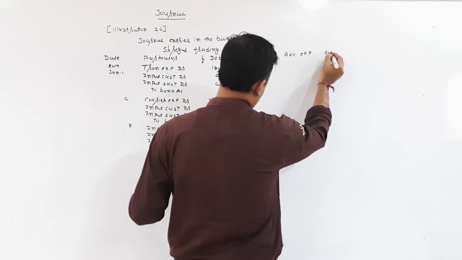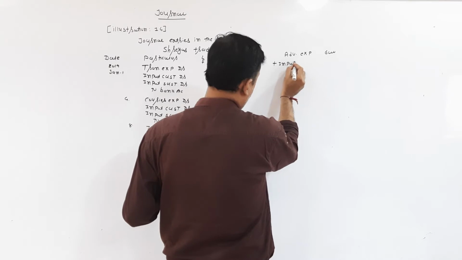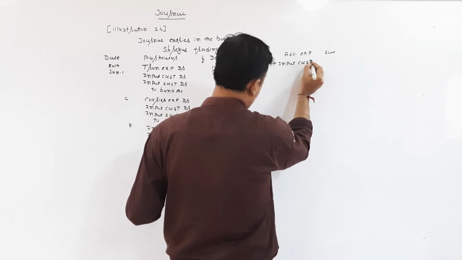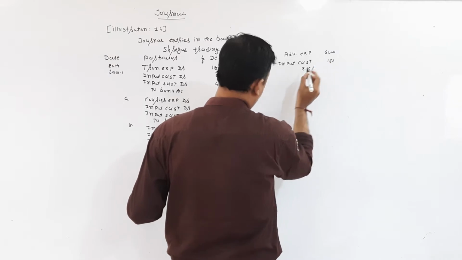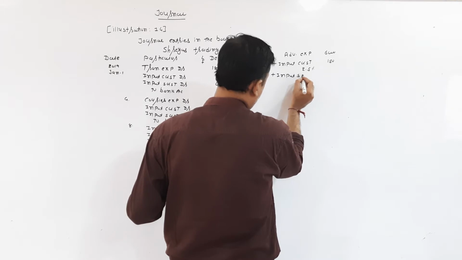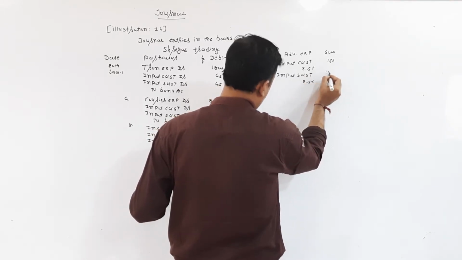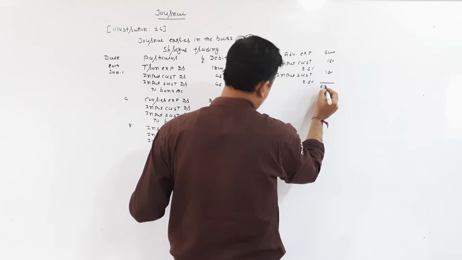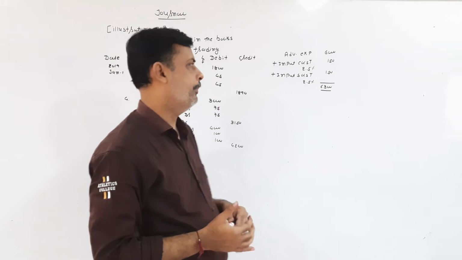So advertisement expense 6,000 plus input CGST 2.5%, 150. Input SGST 2.5%, 150. So 6,300 paid by check.